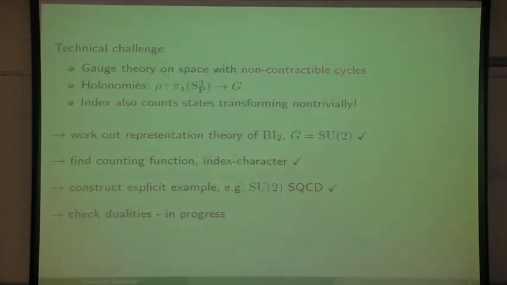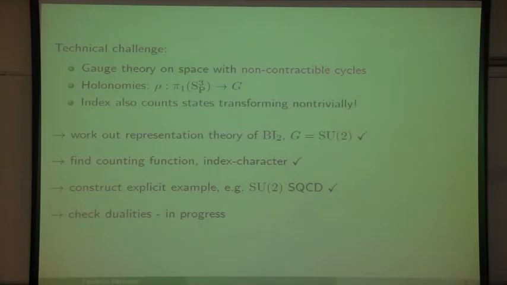The main technical challenge in constructing such an object is that the gauge theory is now based on a background geometry with non-contractible cycles, which means we will have holonomies. Think of the Aharonov-Bohm effect: states transported around a closed cycle can acquire a phase.